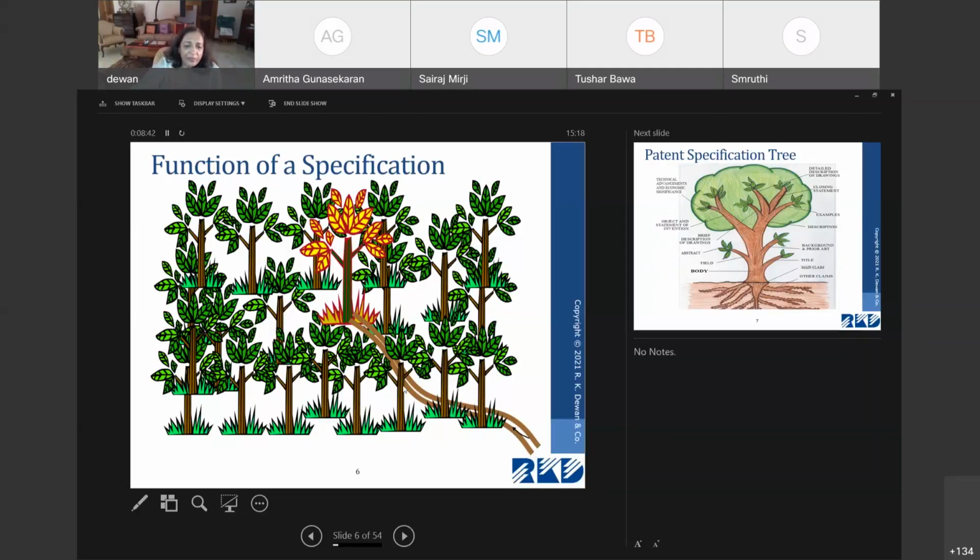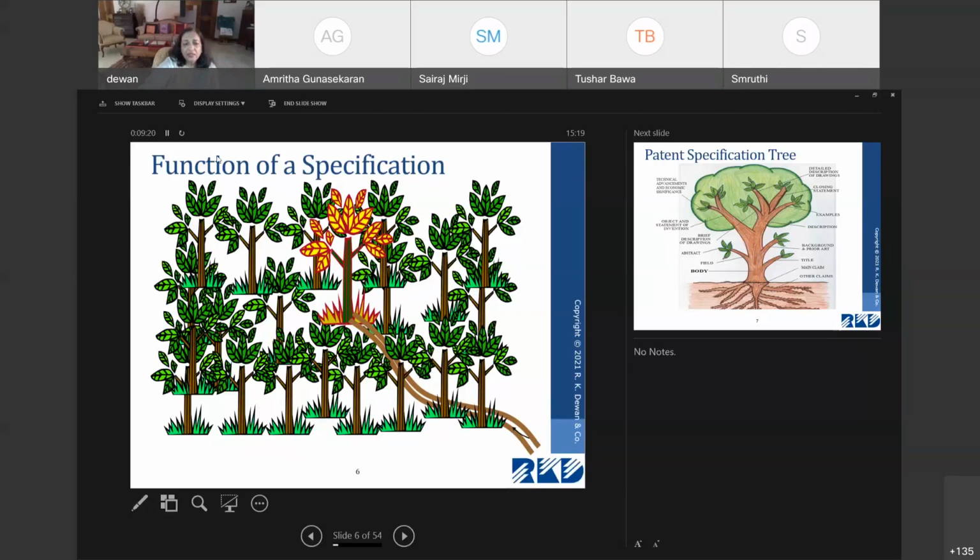So basically, as a person starts reading the specification from here, the person is led gradually, as they start from the title to field, to background, to the brief description, detailed description, looks at the drawings, sees the abstract, and then reads the claims. By that time, the person who is reading the specification should come to this tree, which is my invention.